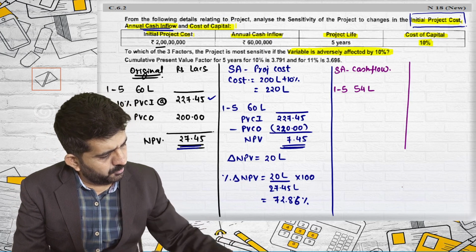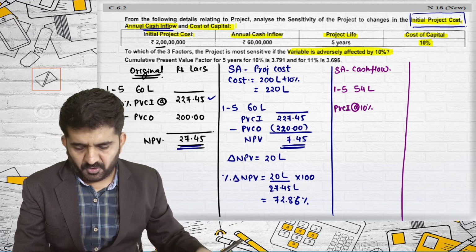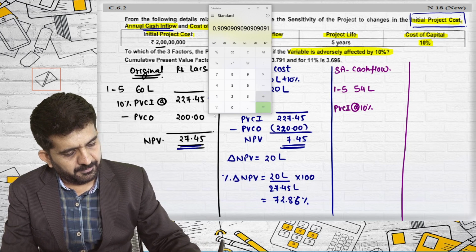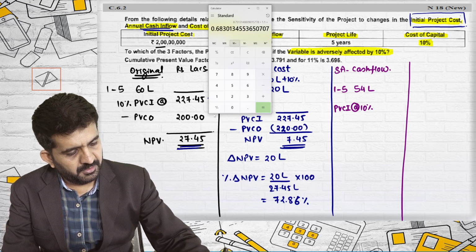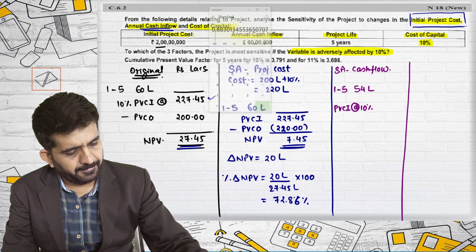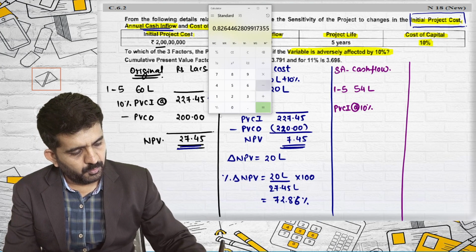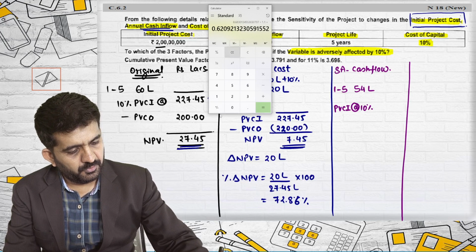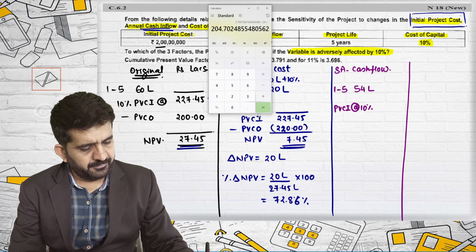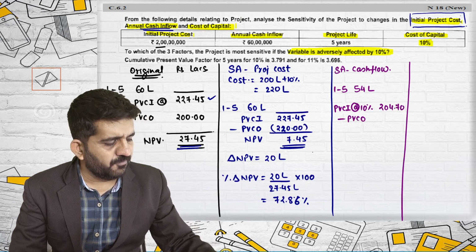I will be finding out the present value of cash inflow at the rate of 10% of 54 lakhs. 1 divided by 1.1, then 1, 2, 3, 4, 5, the annuity factor multiplied by 54, which is 204.70.